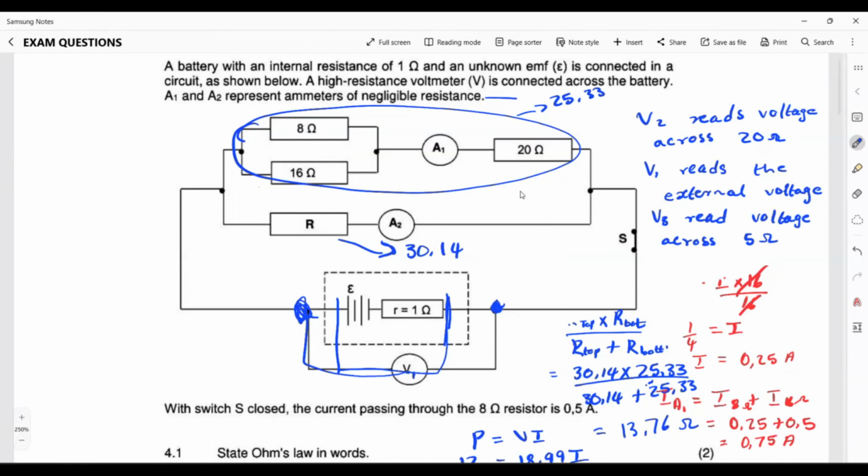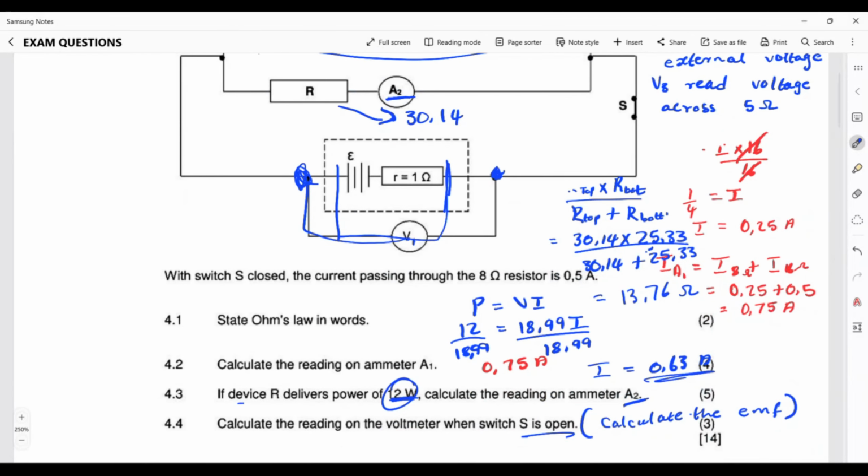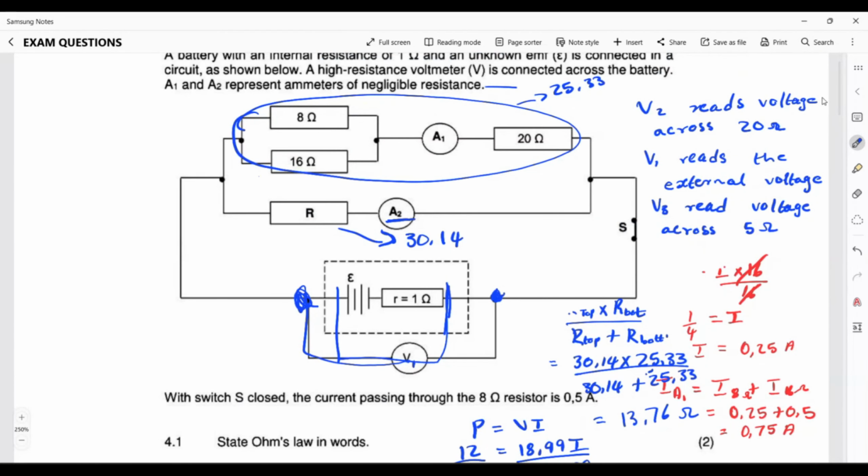But let's say I want to find the current that is moving through A2. I know the answer, we have it somewhere here. It was 0.63. So I want to verify that we get the same answer using the current divider rule.